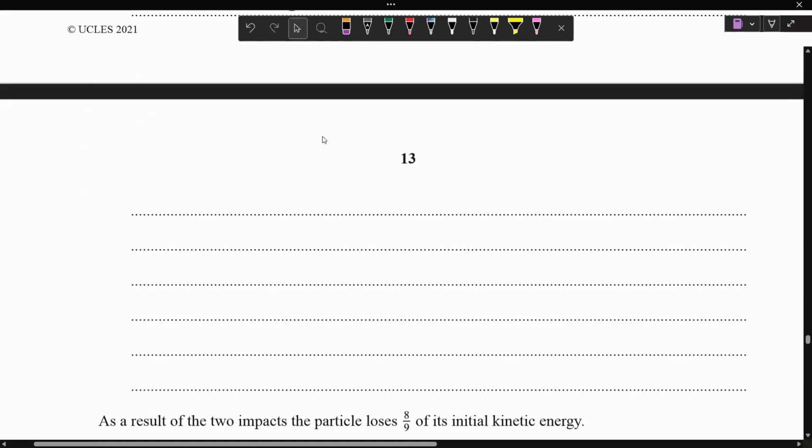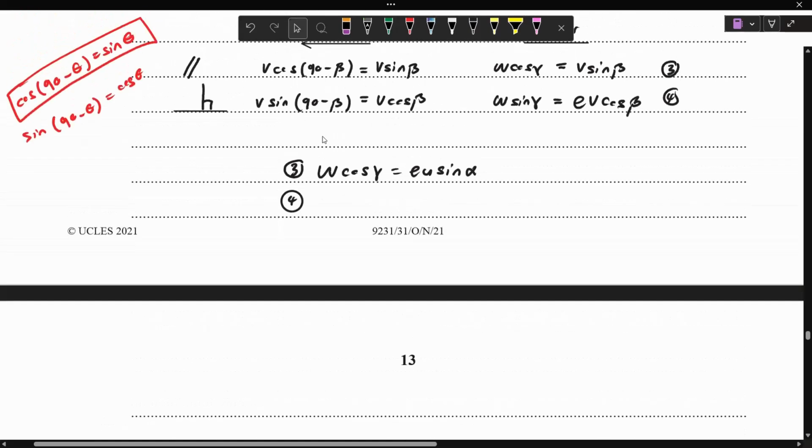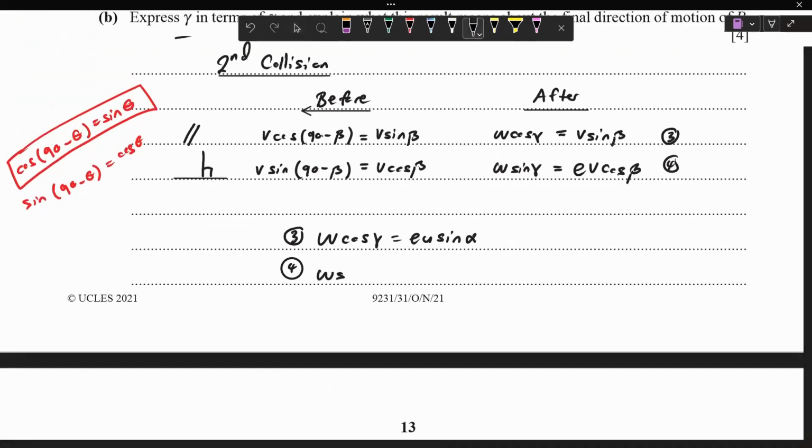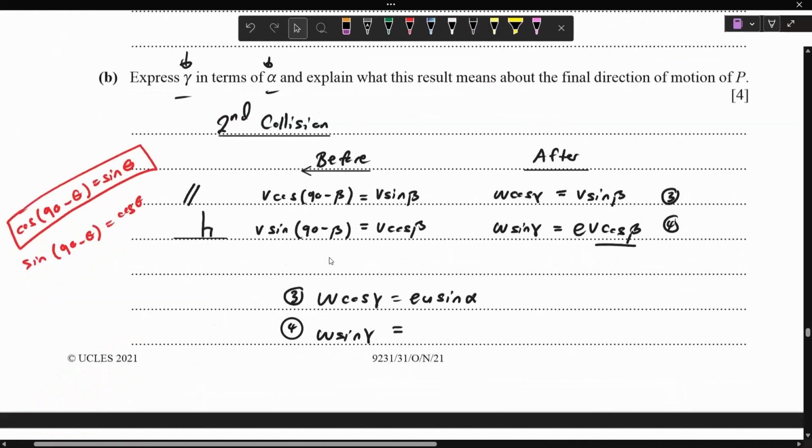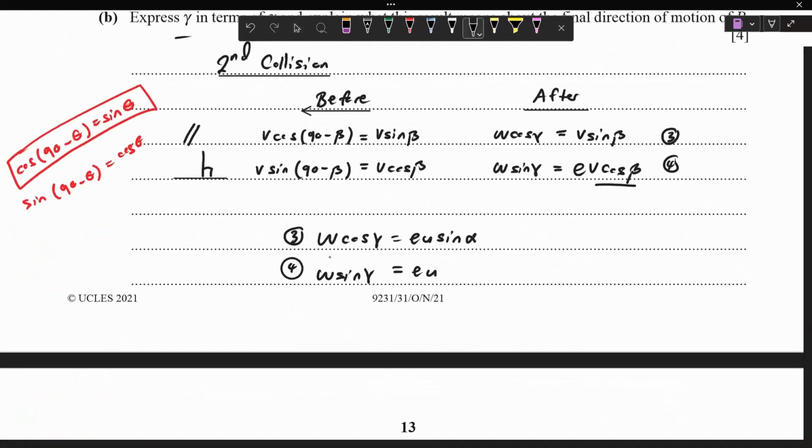We still have a bit of space. Then for equation 4, we have W sine gamma, and V cos beta is actually U cos alpha, so it's eU cos alpha.